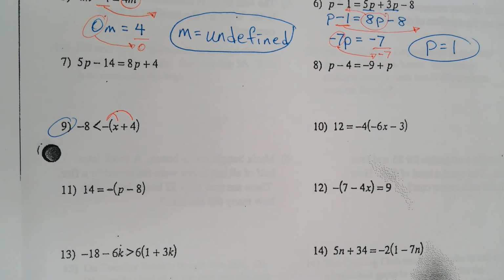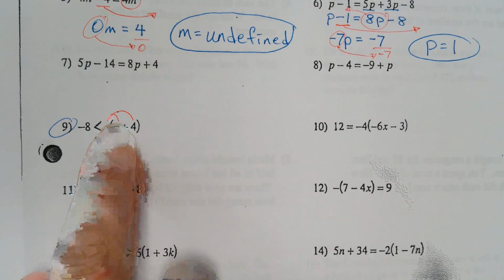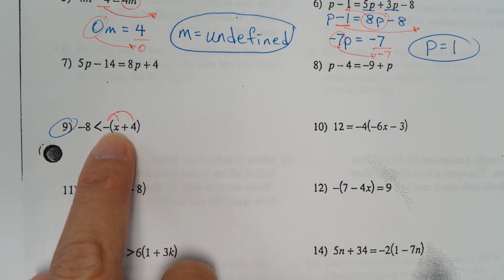All right, two different ways you can do this one. Did I teach you guys how to distribute this negative into the bracket? I don't remember if it was this class or my other class.